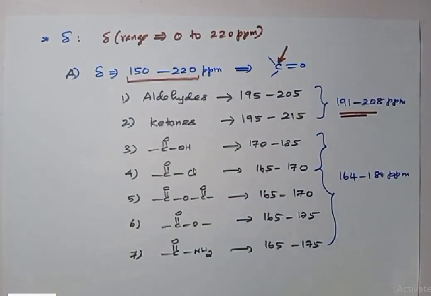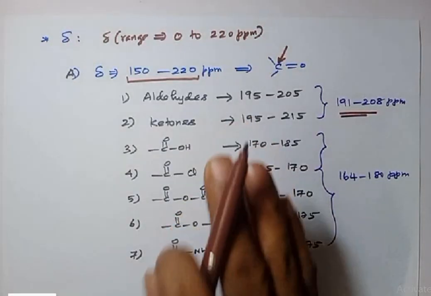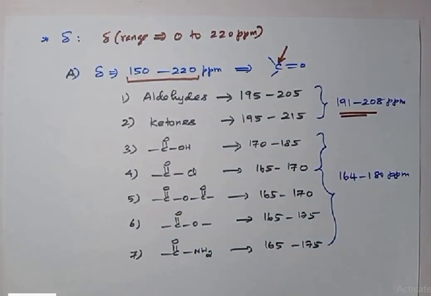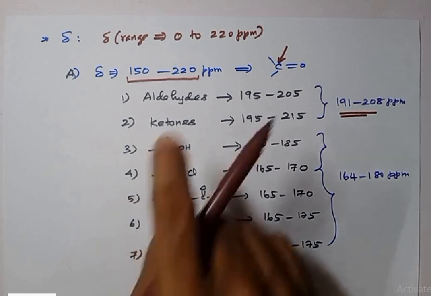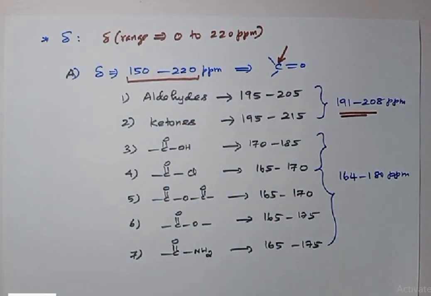Very simple. It is very difficult to distinguish aldehydes and ketones through C13, but using proton NMR we can distinguish.